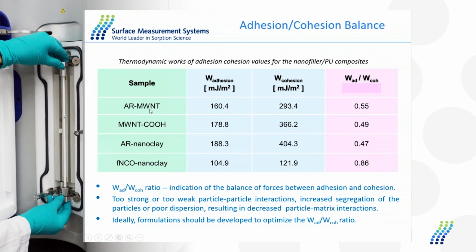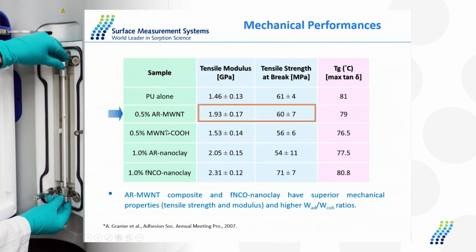So to investigate that further, our collaborators at NIST made the composites and did some mechanical testing of that. And here we can see that the as received nanotubes made a stronger composite compared to the functionalized nanotubes, as predicted from the surface energy values alone.